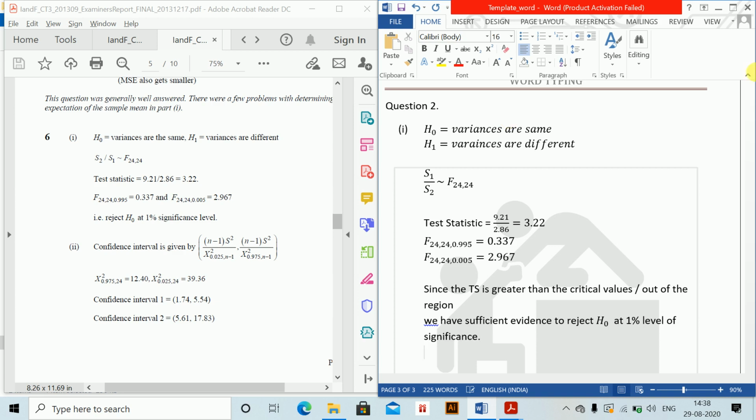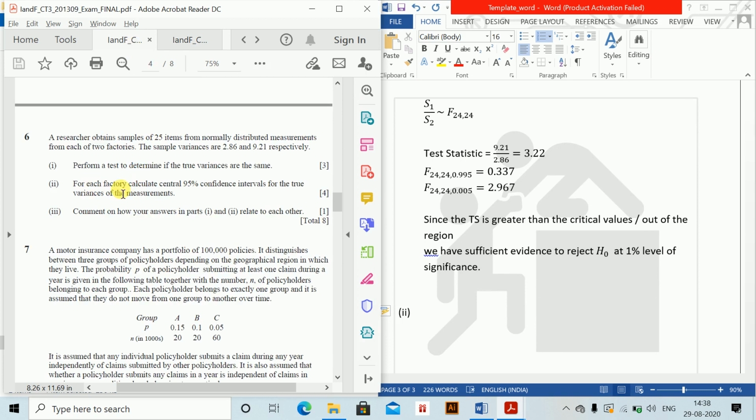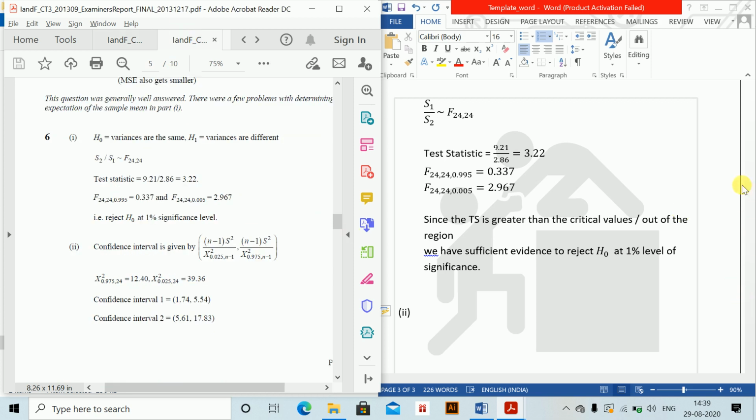Coming down, question 2 part 2, which we'll do, says: for each factory outlet, calculate the 95% confidence interval for the true variances of the measurements. We need to calculate the confidence interval for all of these.